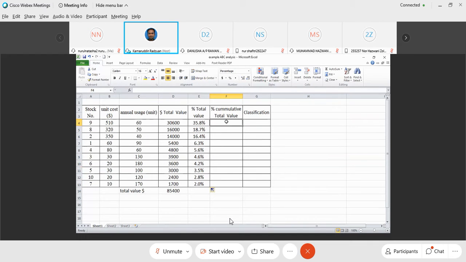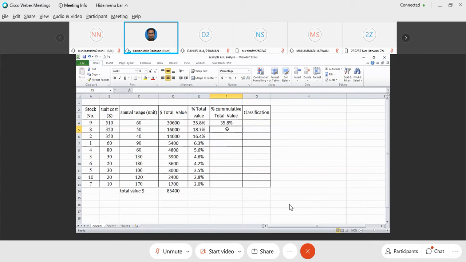The next step is to calculate the percentage of cumulative total value. For the first row, it will be equal to 35.8%.